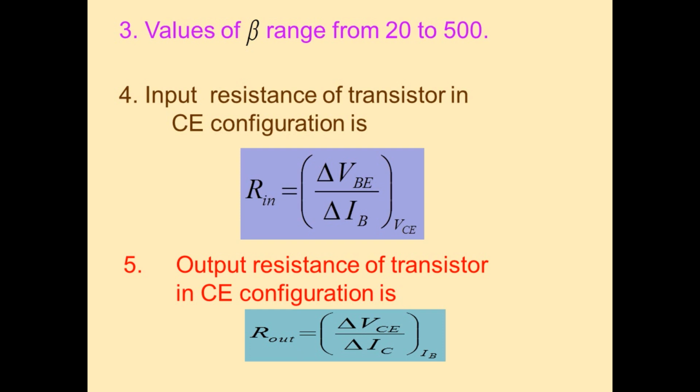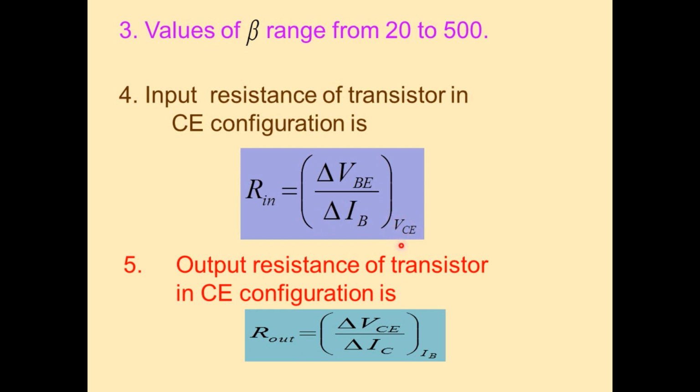So, the ratio of change in base emitter voltage to the change in base current at VCE kept constant is called input resistance of the transistor in CE configuration.